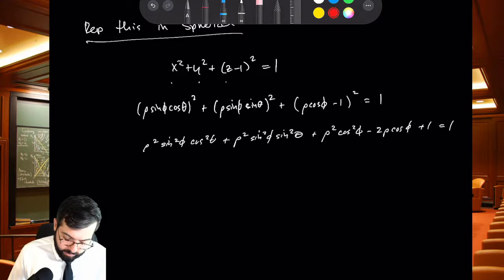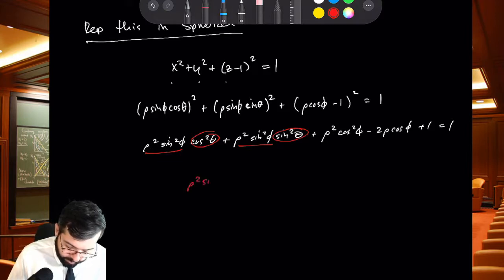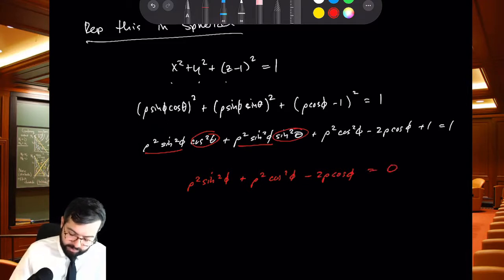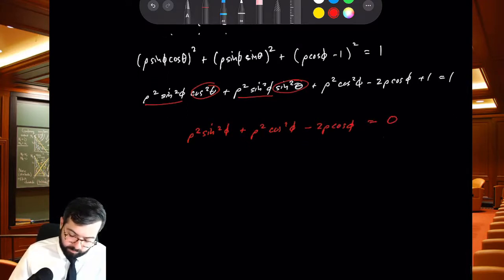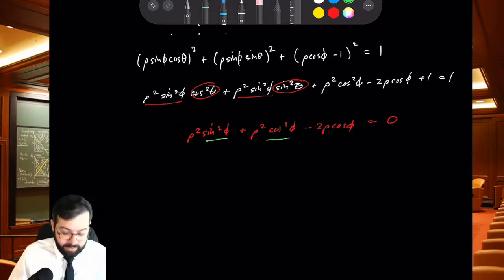So what happens here? Well, these have a common factor of this guy, and they're distributed to cos squared plus sine squared. So this is just 1 times this. So we get rho squared sine squared phi plus rho squared cos squared phi minus 2 rho cos phi. I'll subtract 1 from both sides. This is equal to 0. Similarly here we got the Pythagorean identity, so we factor that out.